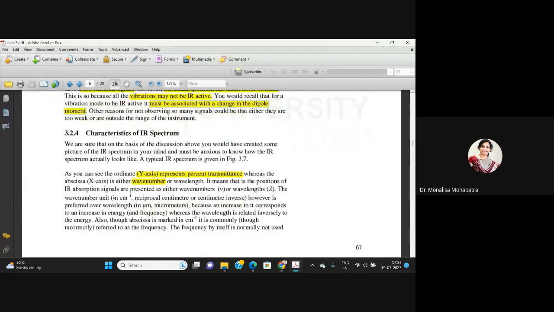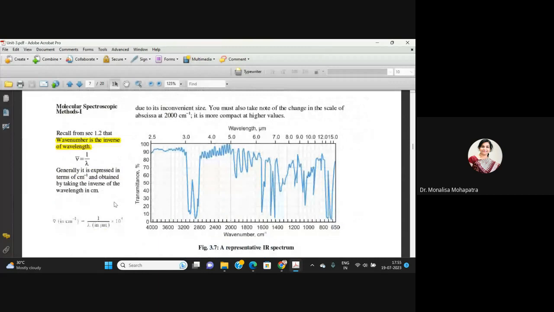Coming to the IR spectrum: last class we studied UV visible spectroscopy, where your y-axis was absorbance, right? But here the y-axis is transmittance, and your x-axis is represented in terms of wave number, and these are all the vibrational peaks you are getting at different wave numbers.